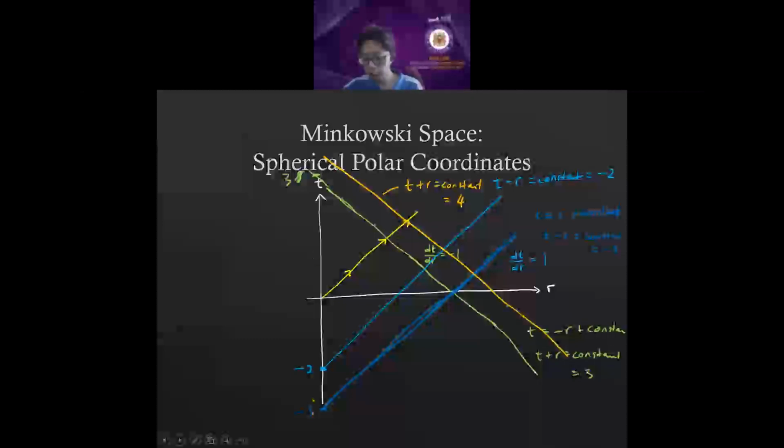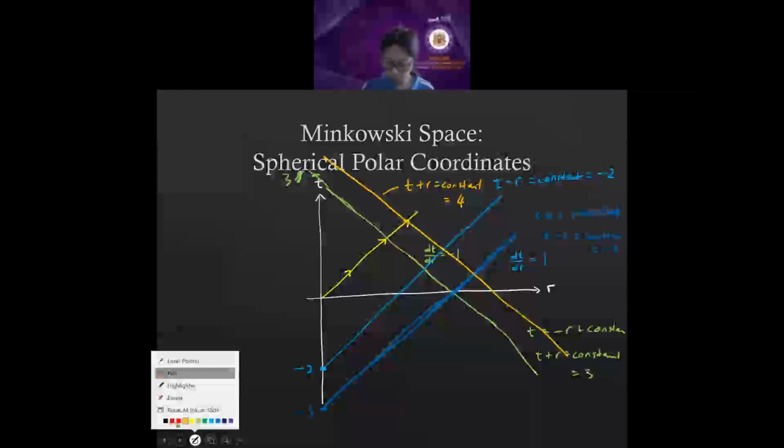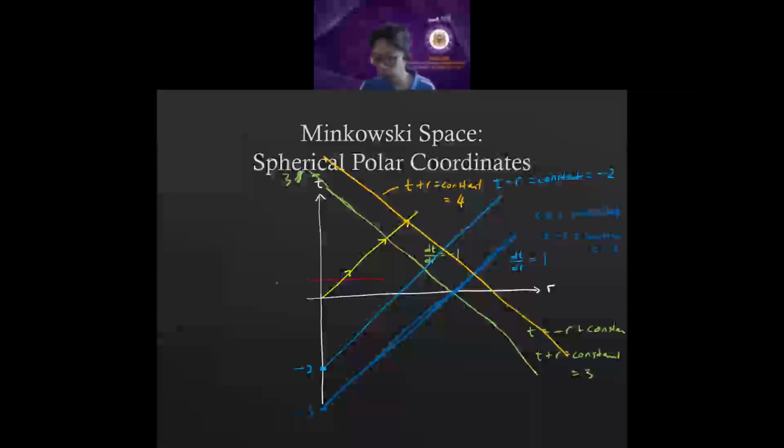Just as in our standard coordinate system, t and r, we have surfaces of constant t and surfaces of constant r, and we have used constant t and constant r as our coordinates.